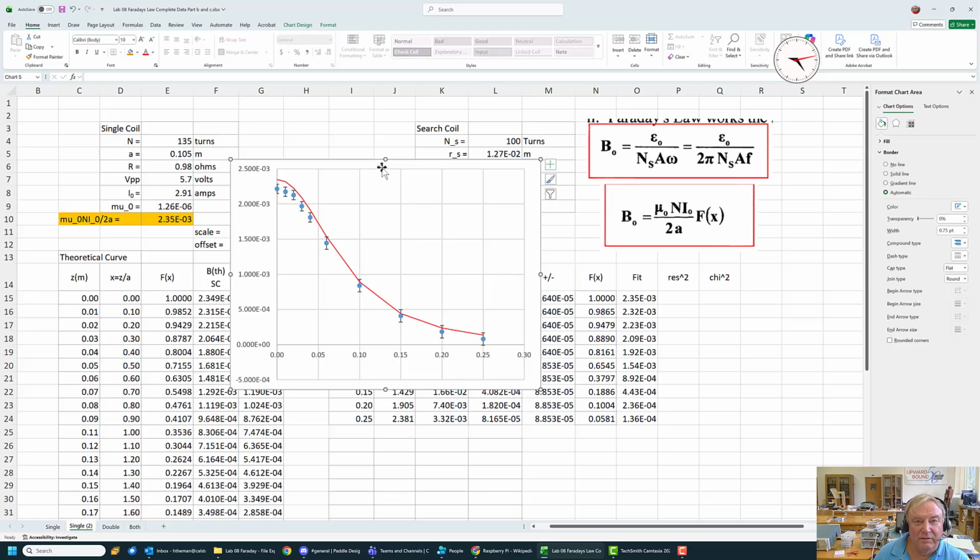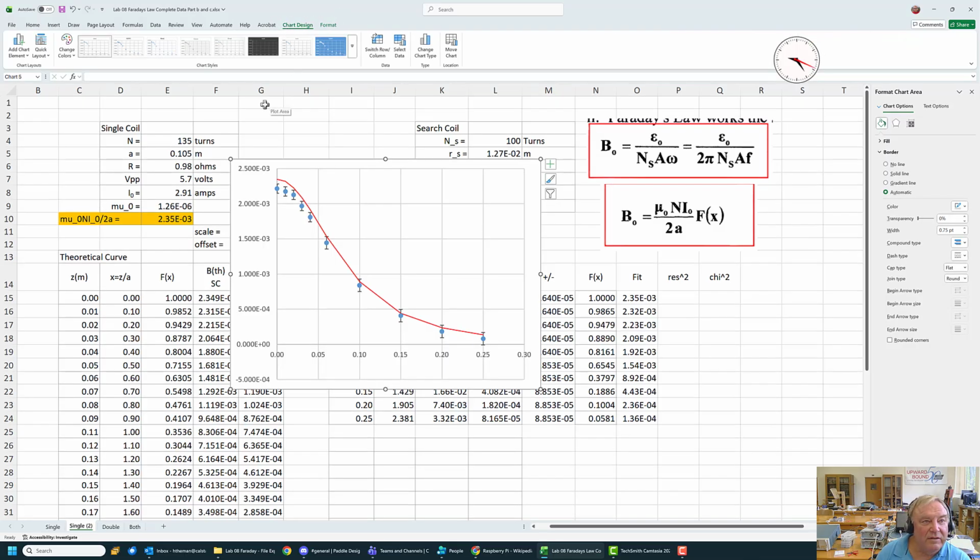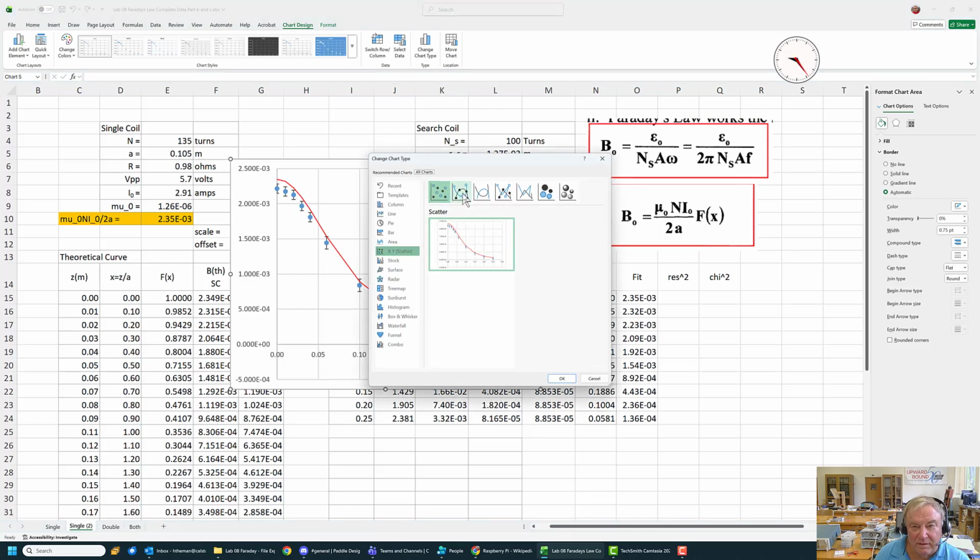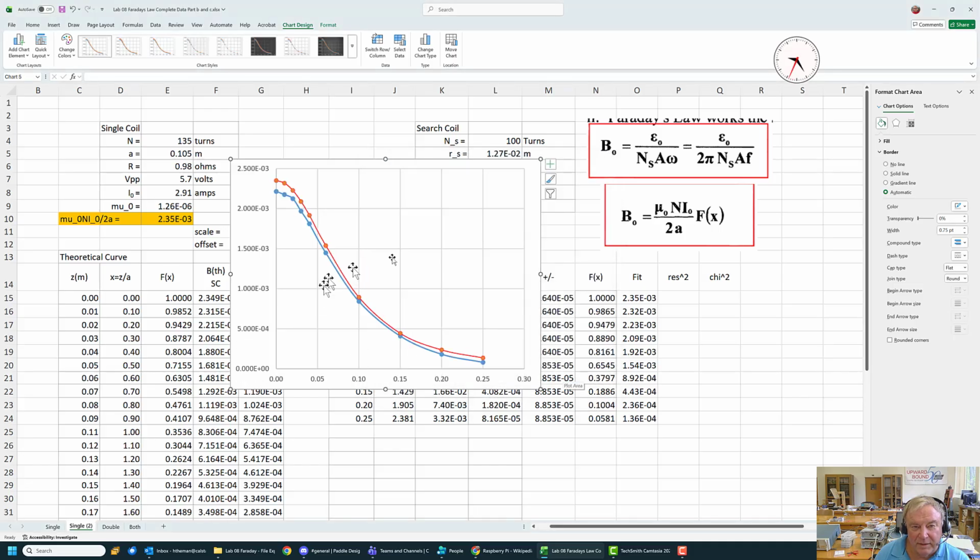So what I can do is change the chart type, and let's see. Well, this will stink because now I've got to go back and get rid of that blue line.